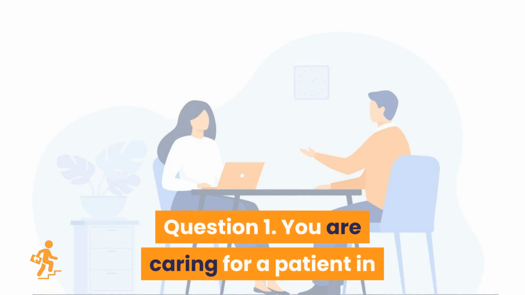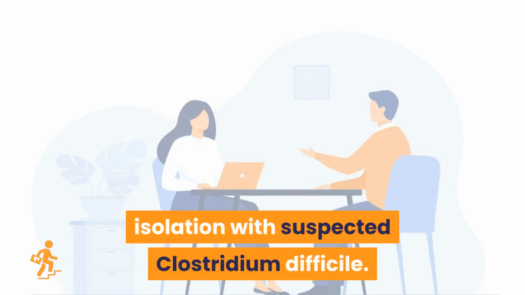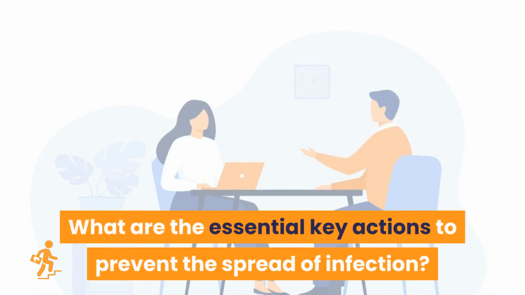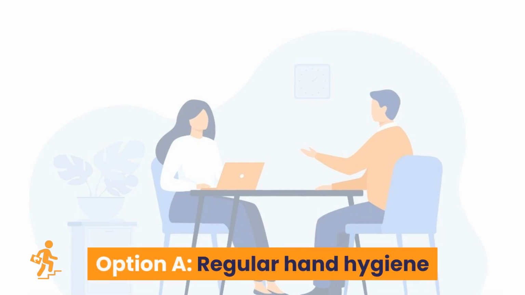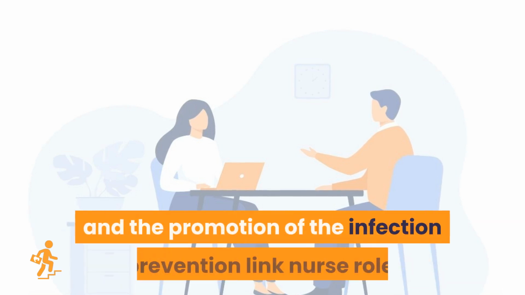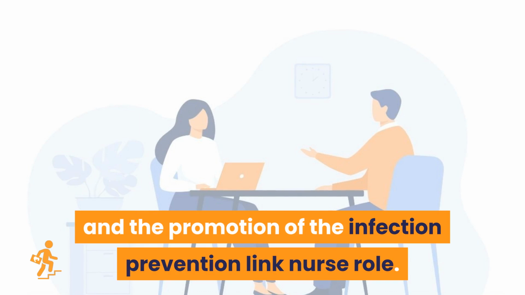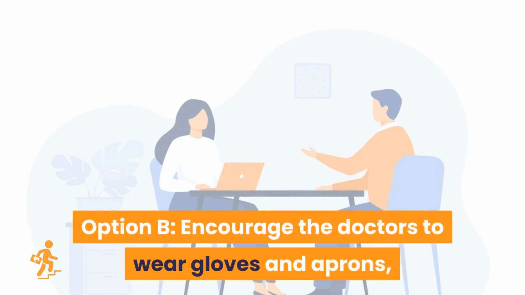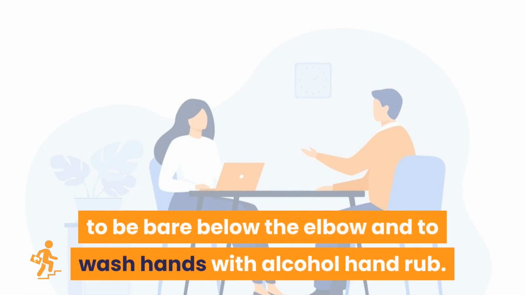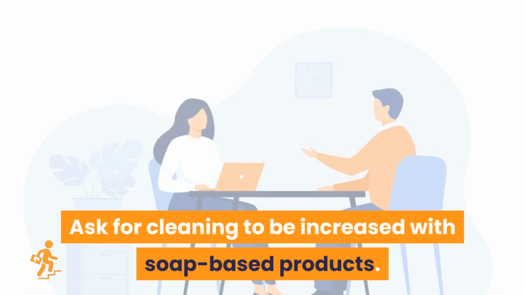Question 1. You are caring for a patient in isolation with suspected Clostridium difficile. What are the essential key actions to prevent the spread of infection? Option A, regular hand hygiene and the promotion of the infection prevention link nurse role. Option B, encourage the doctors to wear gloves and aprons, to be bare below the elbow, and to wash hands with alcohol hand rub. Ask for cleaning to be increased with soap-based products.